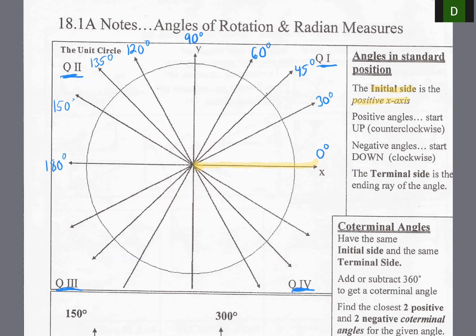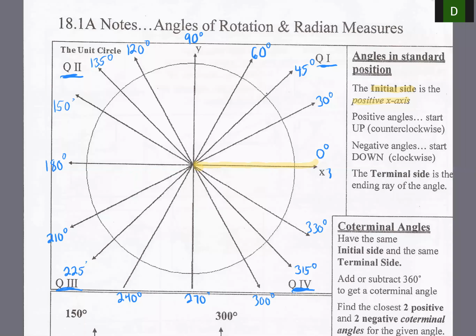So this is going to be 210 degrees, 225 degrees, 240 degrees, 270 degrees, and then we have 300 degrees, 315, 330, and another way to say 0 degrees is 360 degrees. If you go all the way around the circle, you're back to where you started. So 0 degrees is equivalent to 360 degrees.